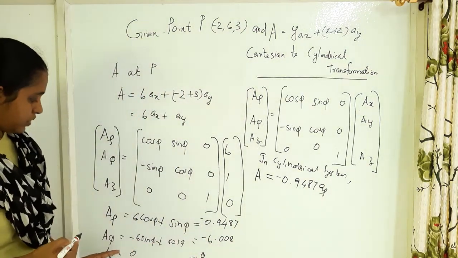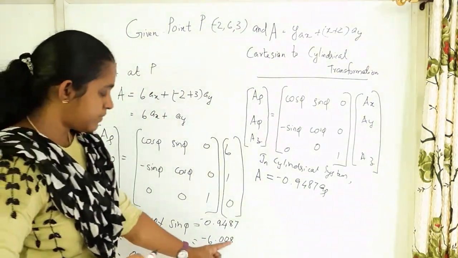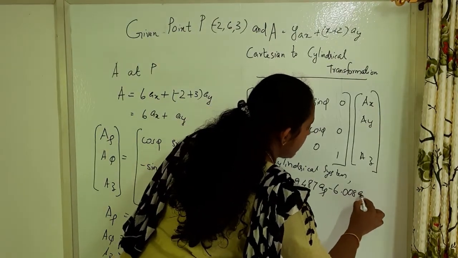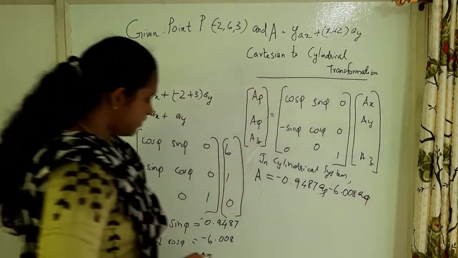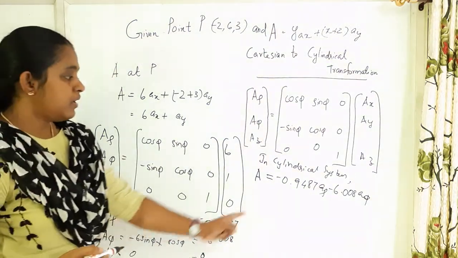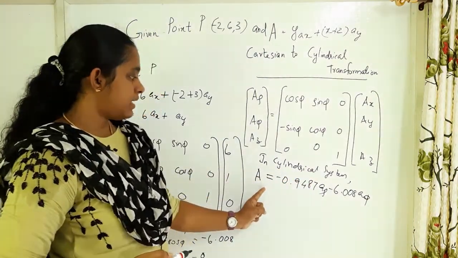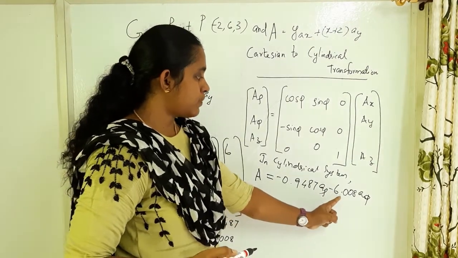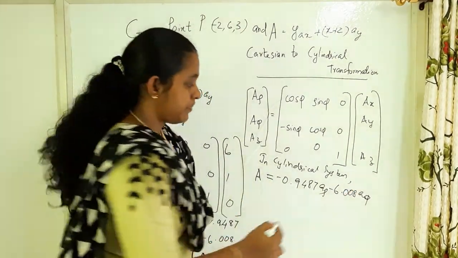Then the coefficient of a phi is minus 6.008 a phi. Az is 0, so no need to write. So in the cylindrical system, the vector A is minus 0.9487 a rho minus 6.008 a phi.